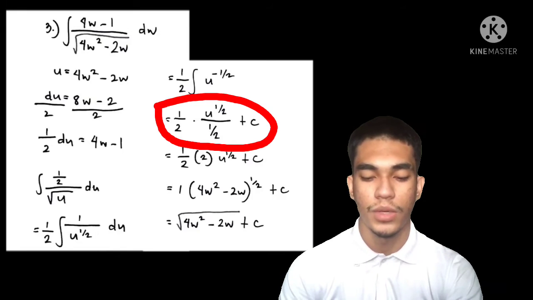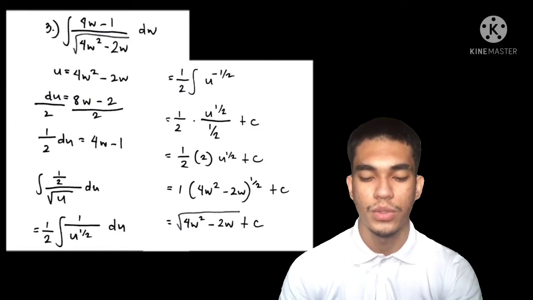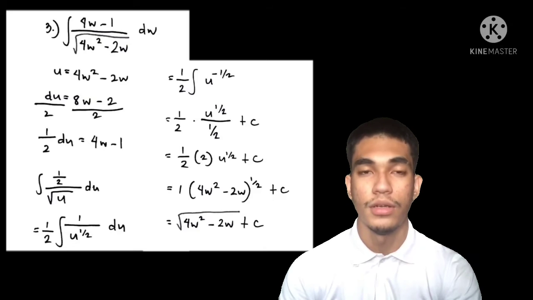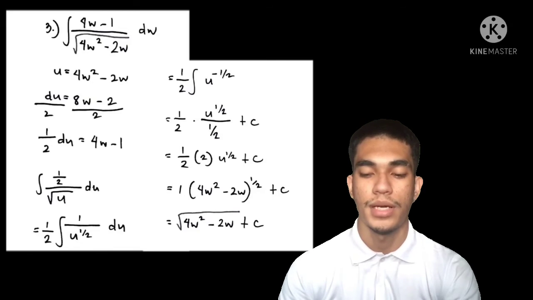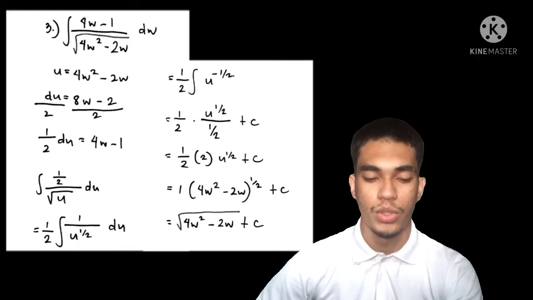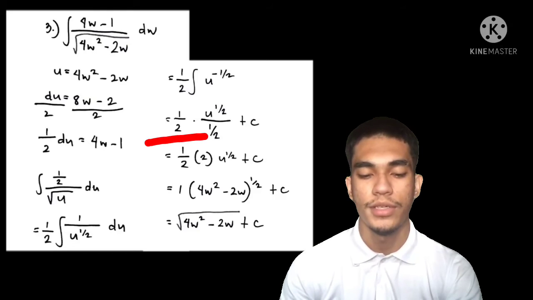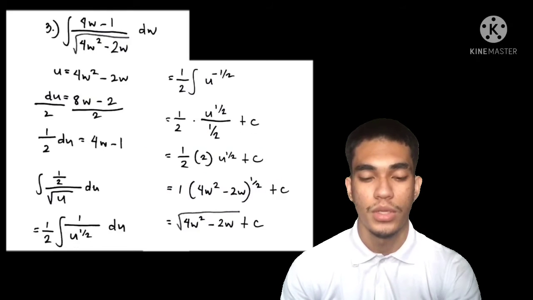Now we have 1 over 2 times u to the 1 half over 1 half plus c. Since we will divide by 1 half, that is the same as multiplying by 2. Now we have 1 over 2 times 2 u to the 1 half plus c.